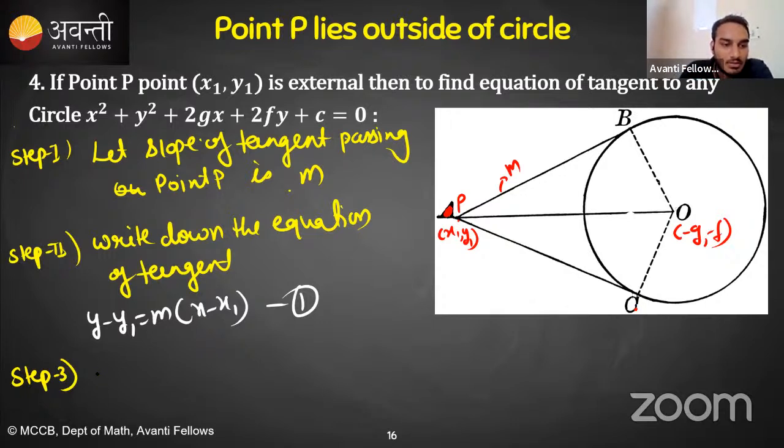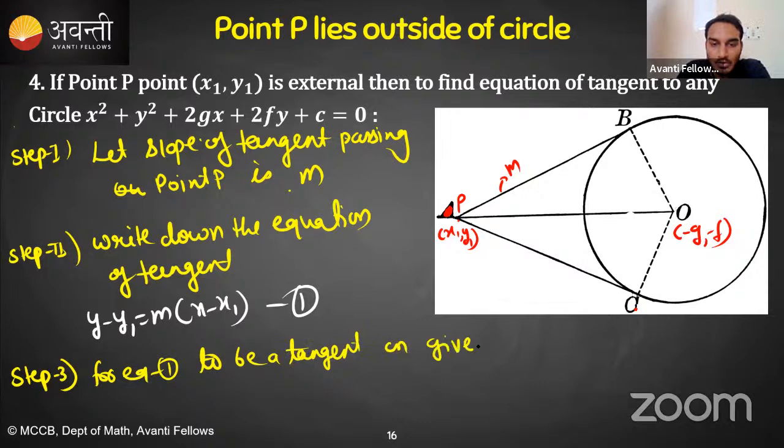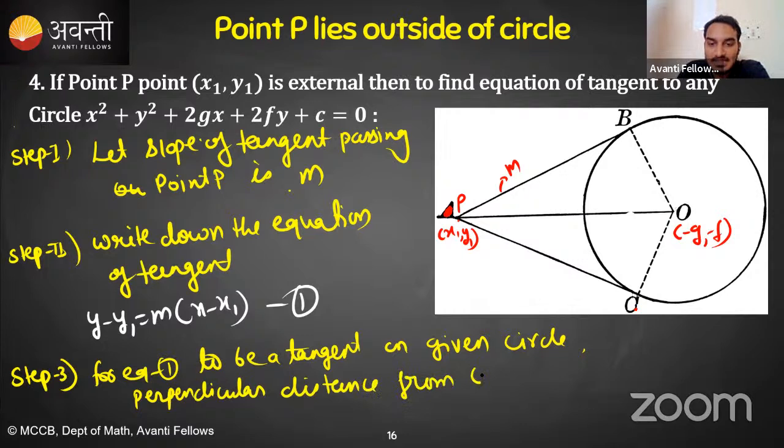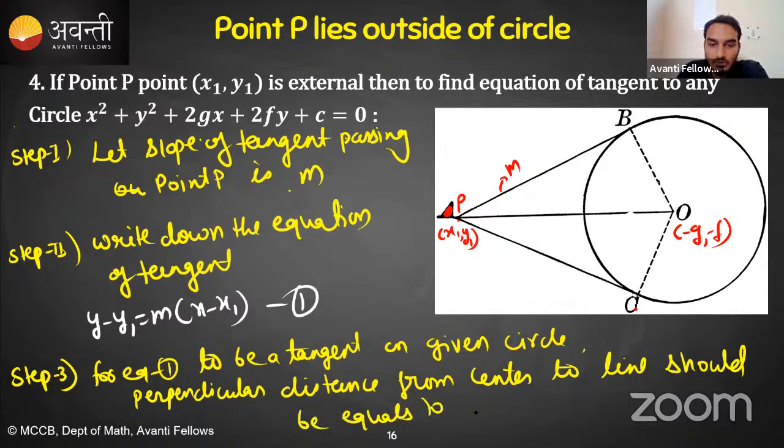Now, for equation 1 to be a tangent to the given circle, the perpendicular distance from the center to the line should be equal to the radius. Is this clear, everyone?